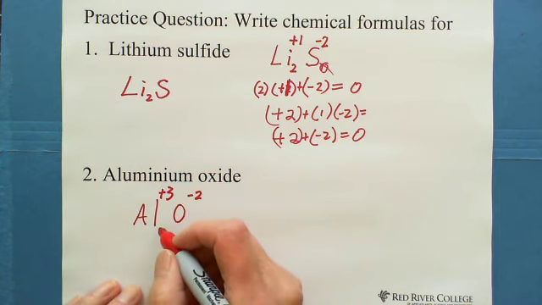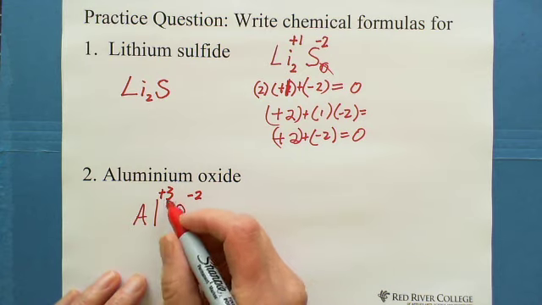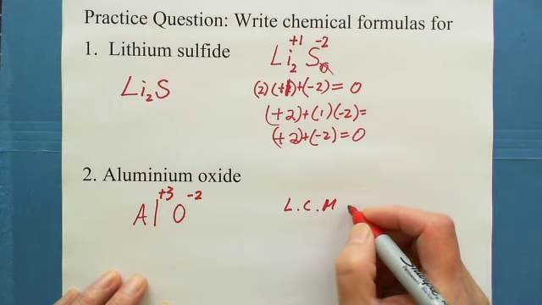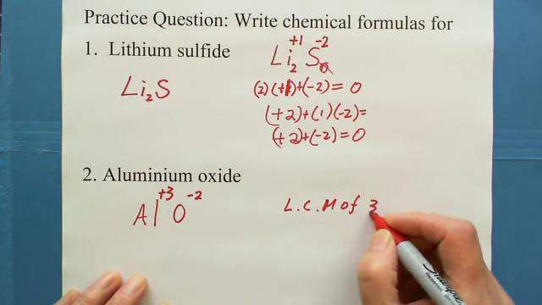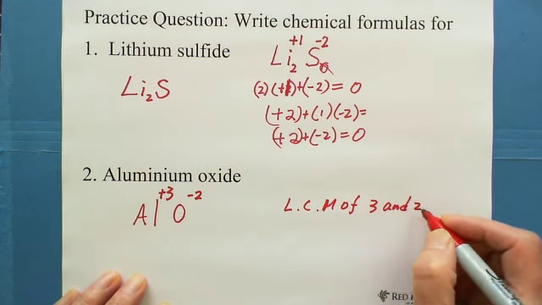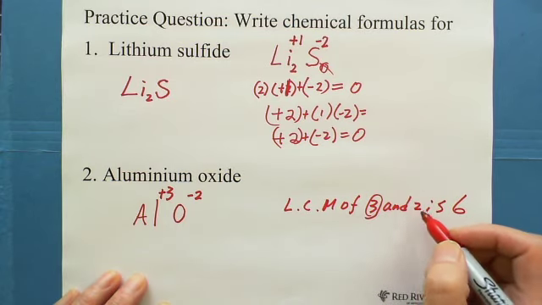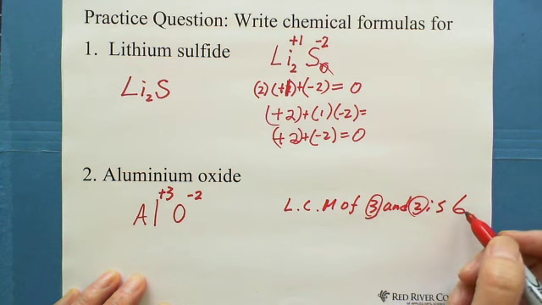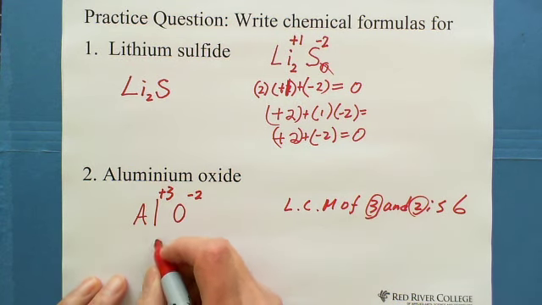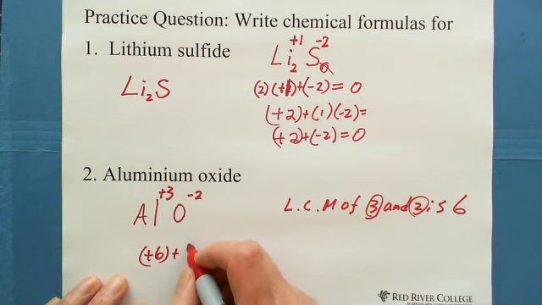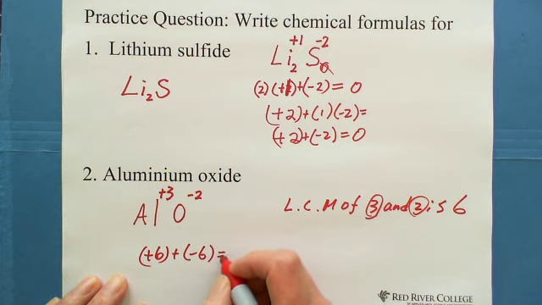Now we need to put a subscript. Obviously you can see the least common multiple of 3 and 2 is 6, right? Just a common denominator. So this total has to be 6, so you have positive 6 and negative 6, then make 0.